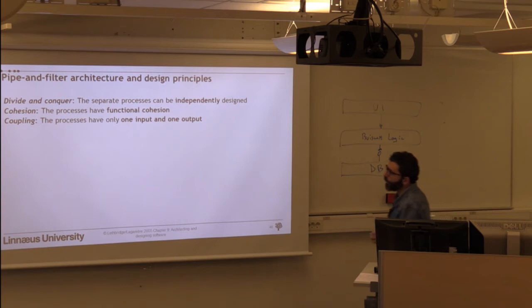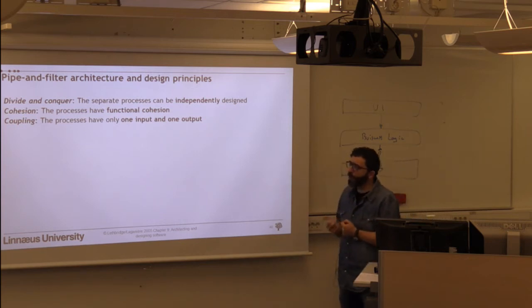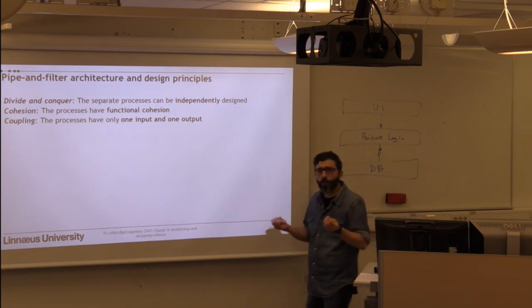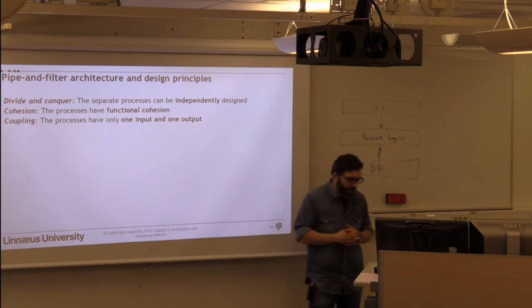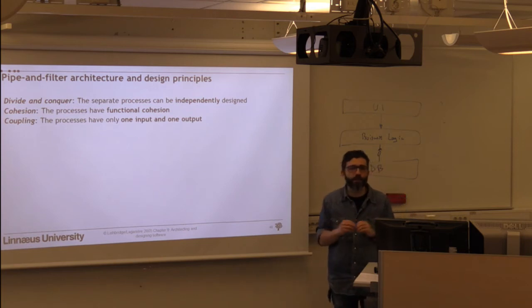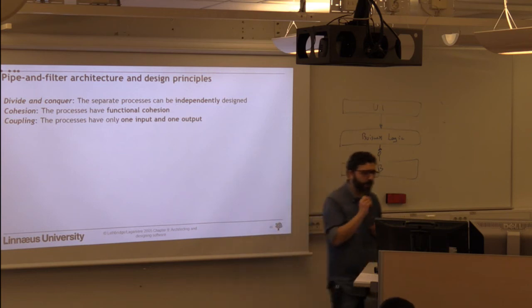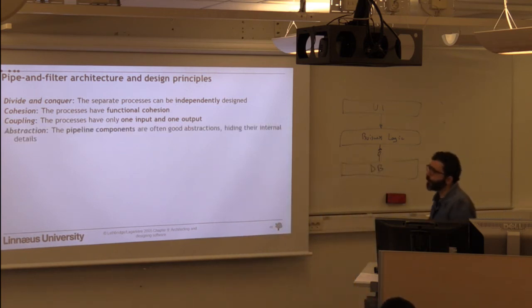Coupling, because since you have only one input and only one output, the coupling between the different components is very low. Okay. For example, in the example with the picture, the only coupling is the fact that they have to open a JPEG file, for example. Okay, but still, one input, one output for every single process component.